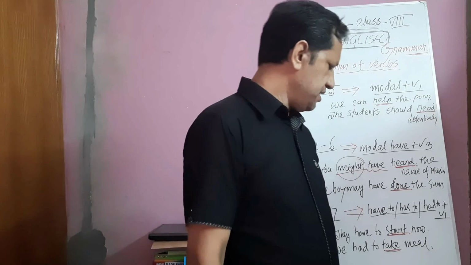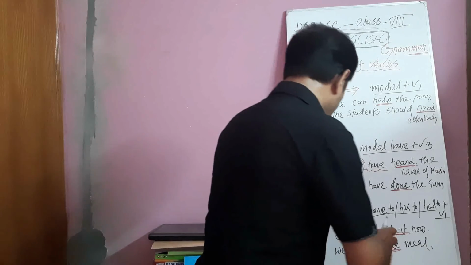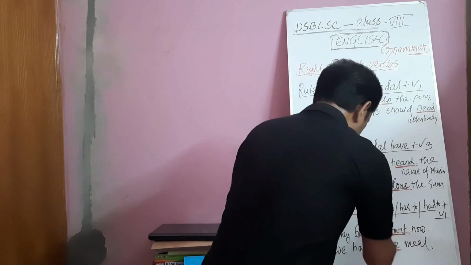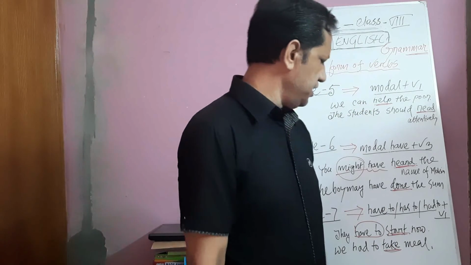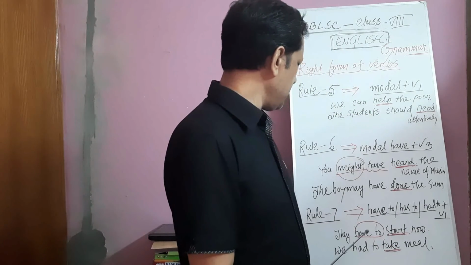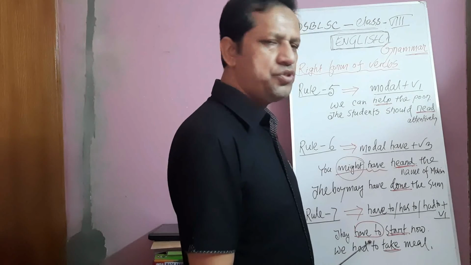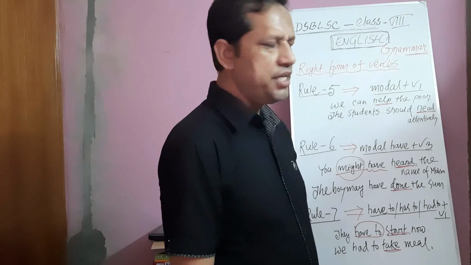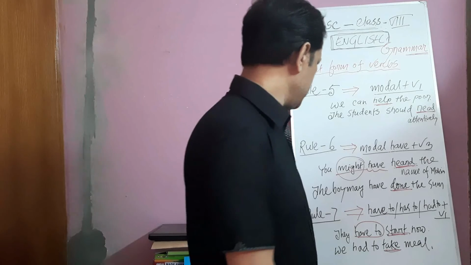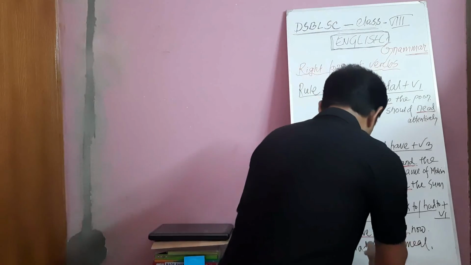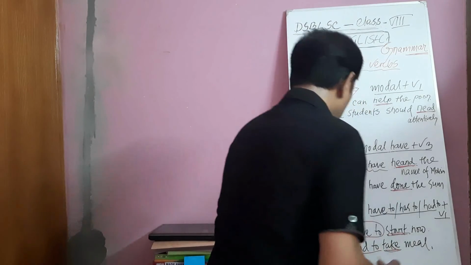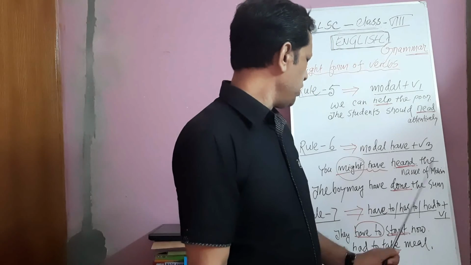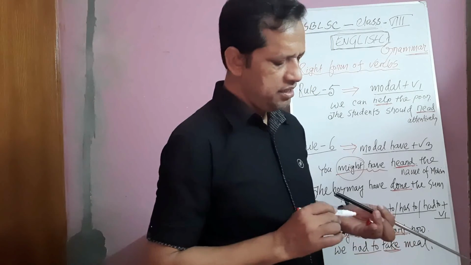Here we can see the example. They have to start now. Here the subject is they, have to is the modal, and start is the main verb. And next I have another example. Had to: we had to take our meal.